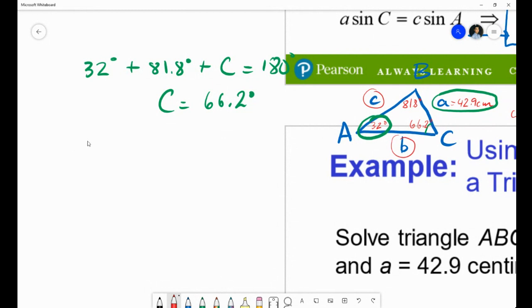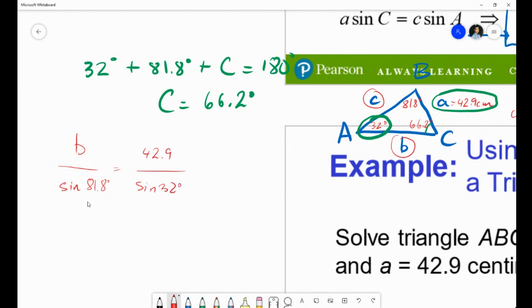All right, so let's solve for B. So B is the variable that I want to solve for, so I'm going to put it in the numerator. Okay, now I need to fill in the rest of it to create a ratio. So B over sine B, well, angle B is 81.8 degrees. And now I'm going to use a ratio that I found, which is composed of A, 42.9, and sine of 32 degrees.